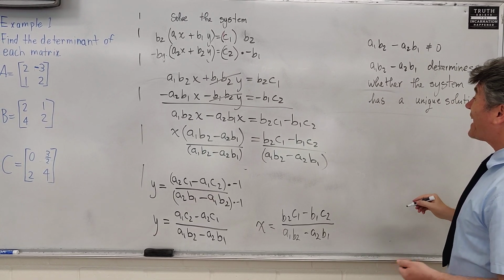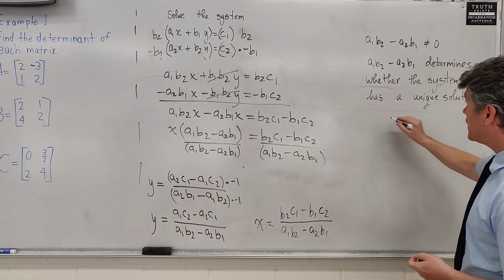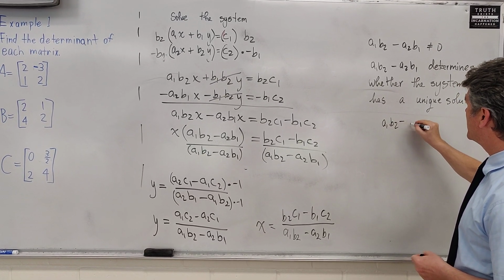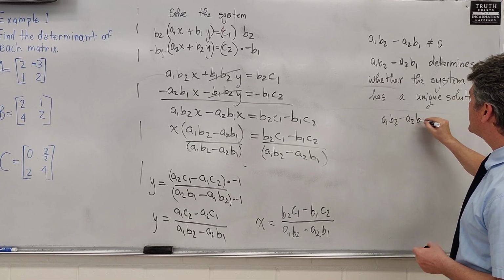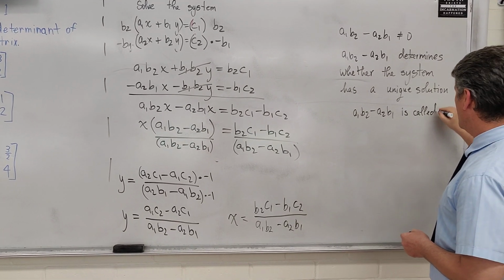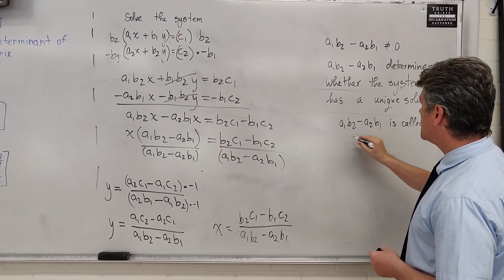Okay? So that's the reason why the number a sub 1 b sub 2 minus a sub 2 b sub 1 is called the determinant.